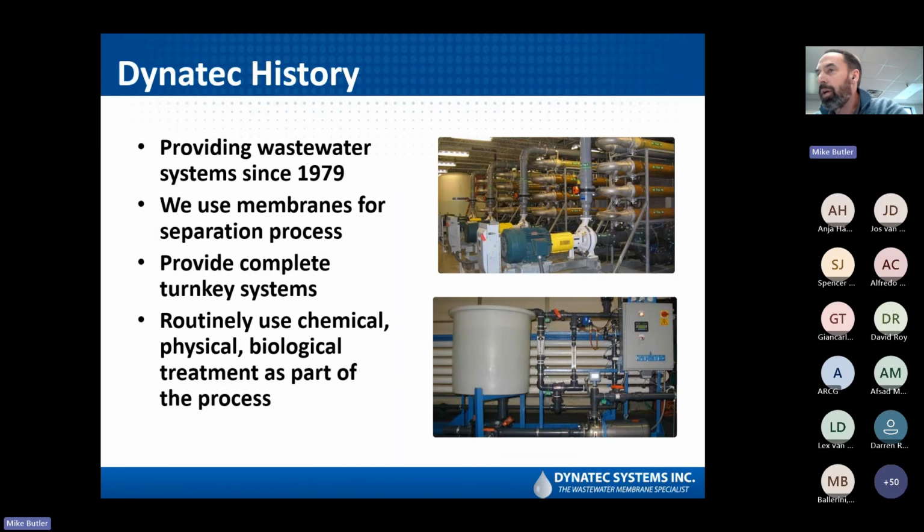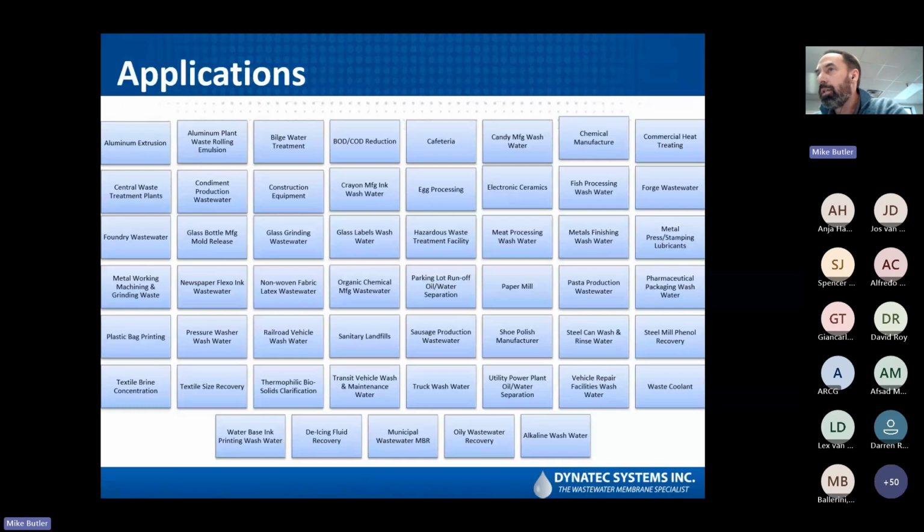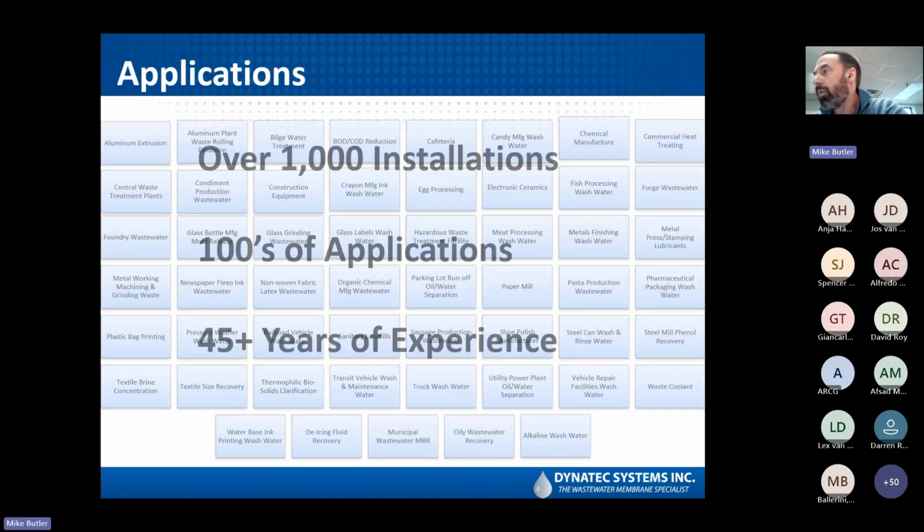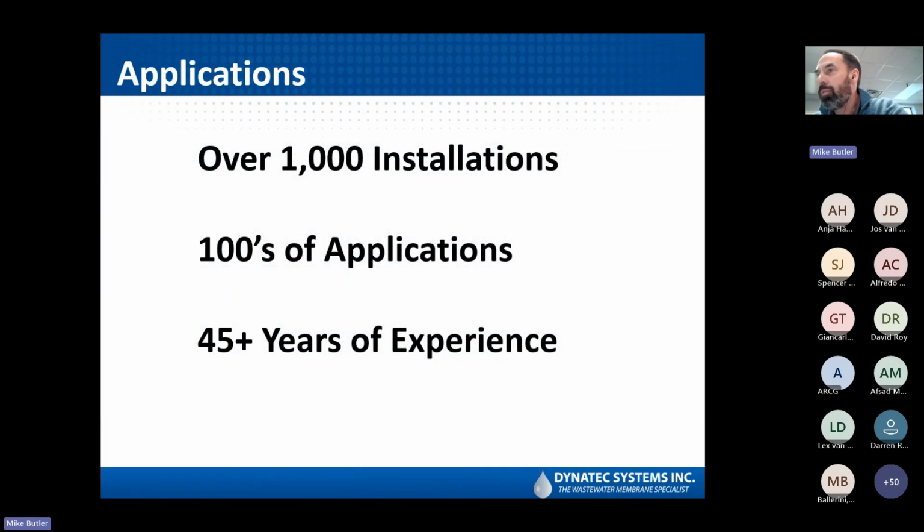In addition to the membranes, we'll use other treatment technologies, including chemical, physical, biological, and other technologies as well. This is a small sampling of the different types of applications we've done. Over 1,000 installations, primarily across North America, hundreds of different applications, and many years of experience.